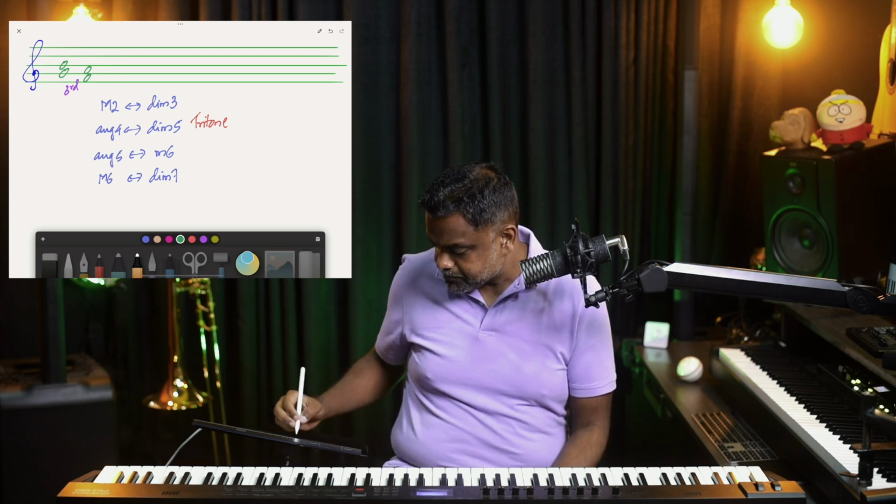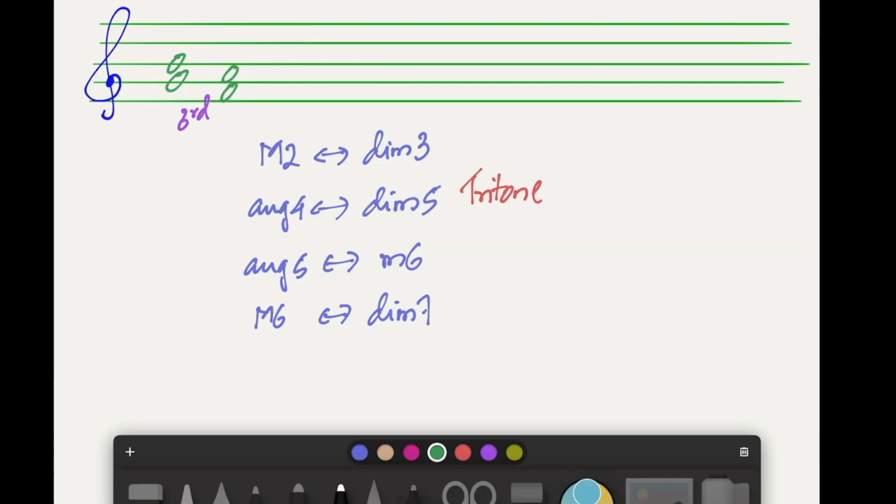Coming to fourths, what's going to happen? Actually, let me finish fifths. So if you take fifths, you skip one. As you can see, I'm skipping a line in order to go from G to D, and I'm skipping a space in order to go from F to C. So that's your fifth.